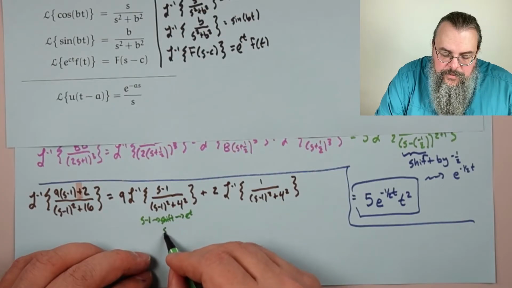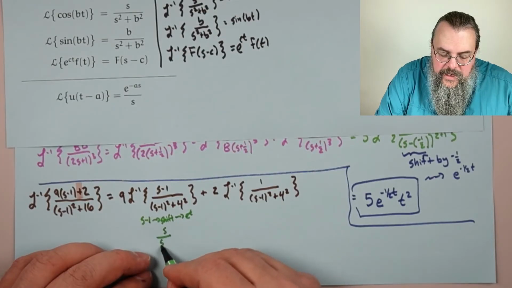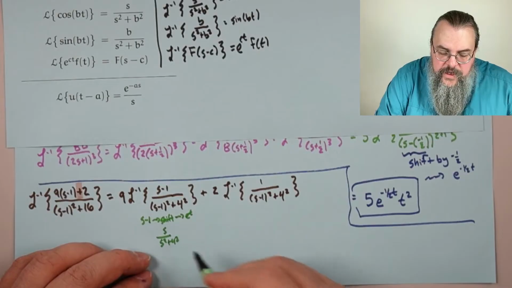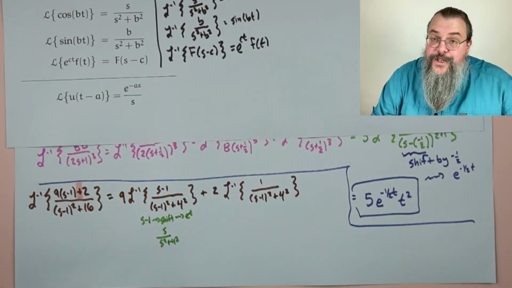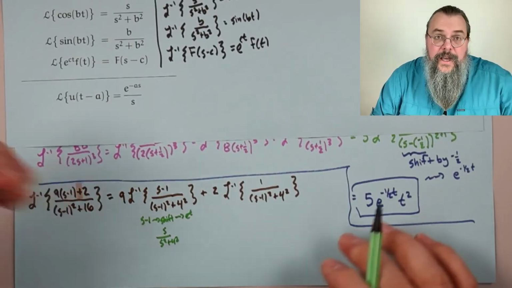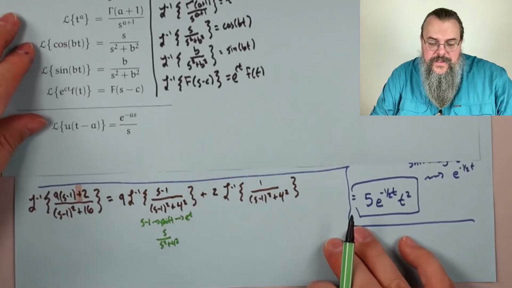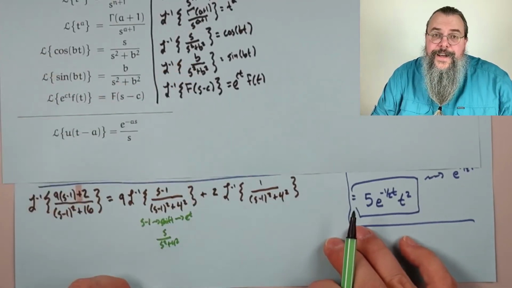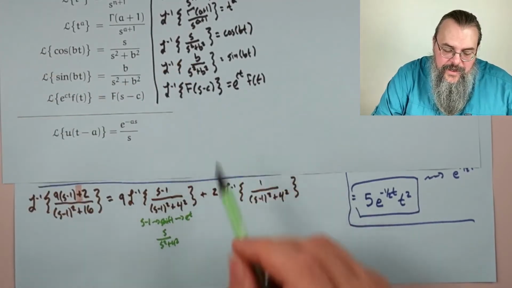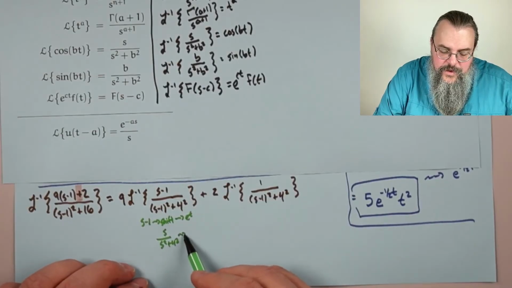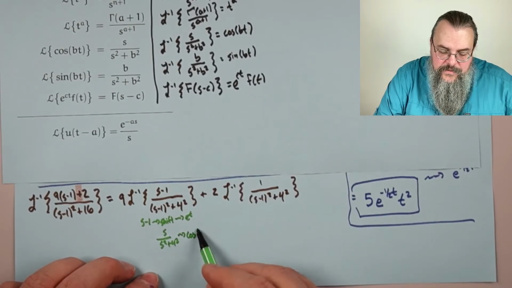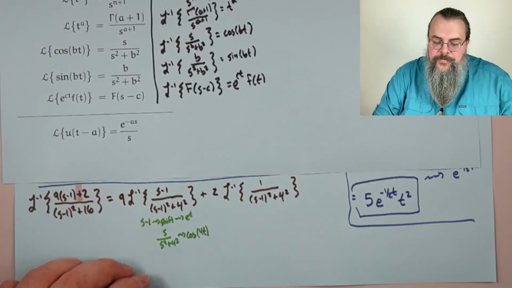So now replace s minus 1 by s, you get s over s squared plus 4 squared. And we say, does that show up anywhere on our table? And it does right there. S over s squared plus b squared says, oh, this should be a cosine of 4t.